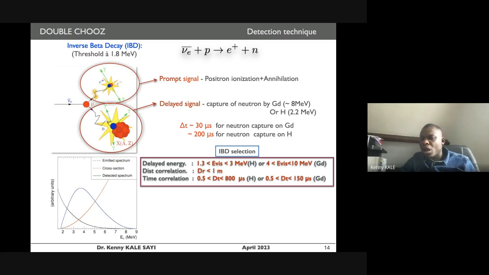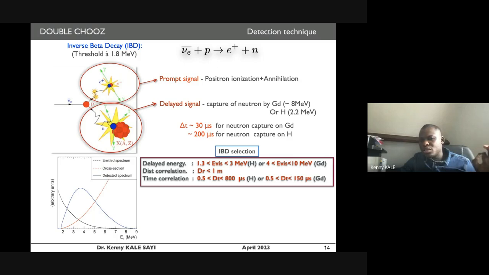Then they reach our detector. Our detector is full of hydrogen, okay? And as you know, a hydrogen atom is just a proton with an electron turning around it. This means the detector is full of protons.